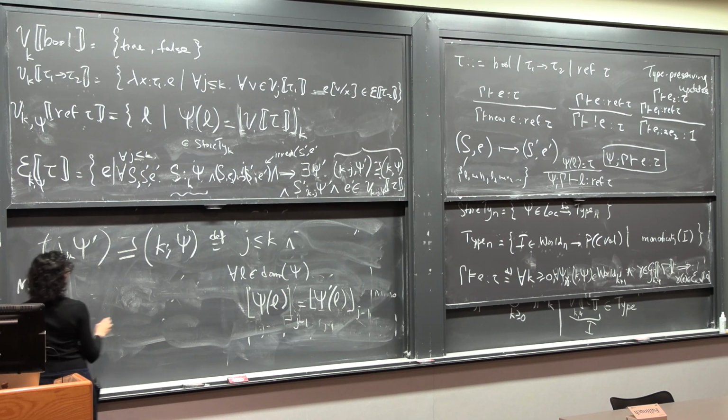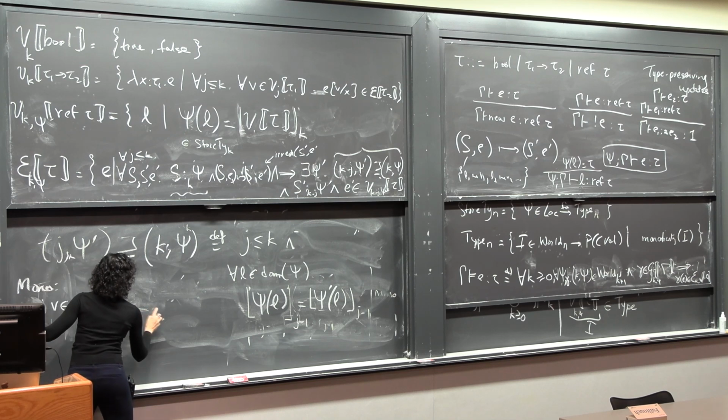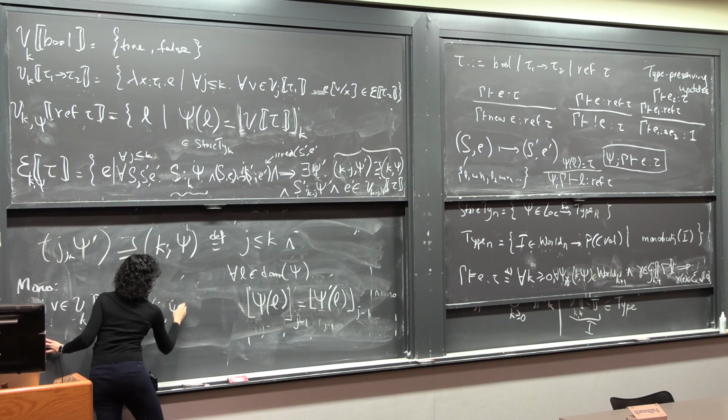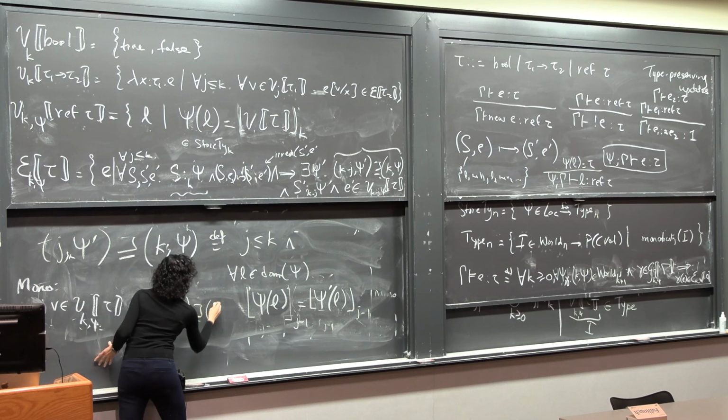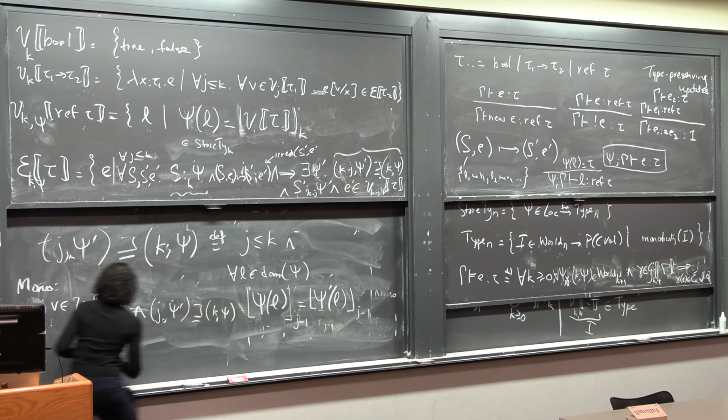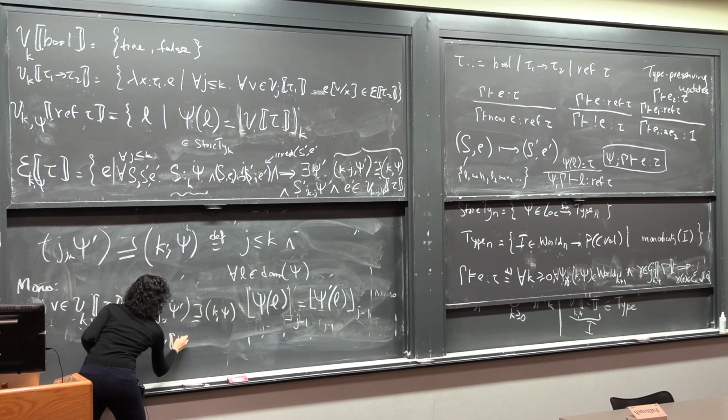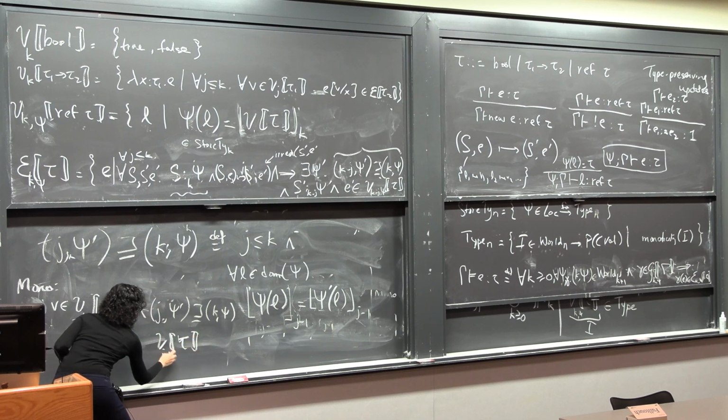Monotonicity for this language will say that if V belongs to V of any type tau at k psi, and you have some j psi prime that is a future world of k psi, then V better belong to the type, or better behave like the type, tau, in that future world j psi prime.